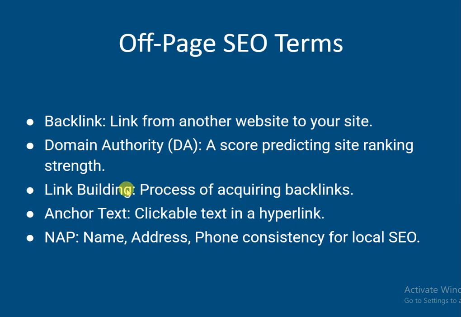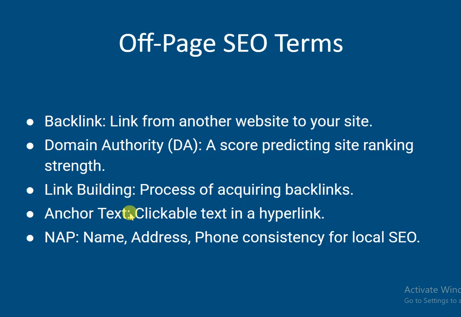Next, link building. Link building is the process of acquiring these valuable backlinks through different strategies like guest posting, outreach, or content marketing. By doing all these activities, we generate backlinks. That is called link building.